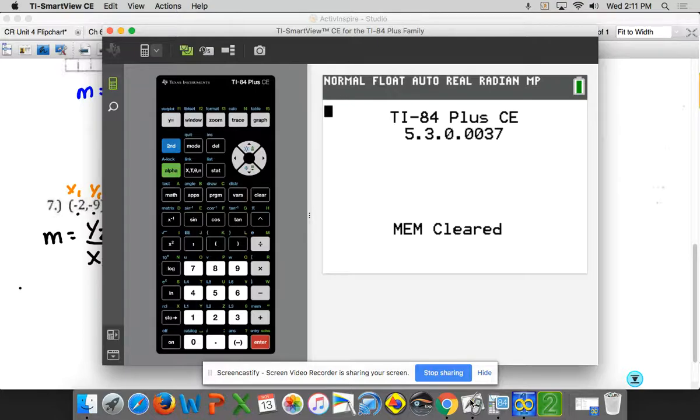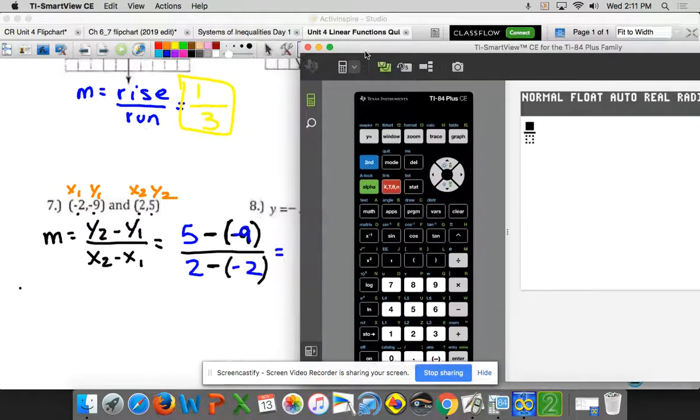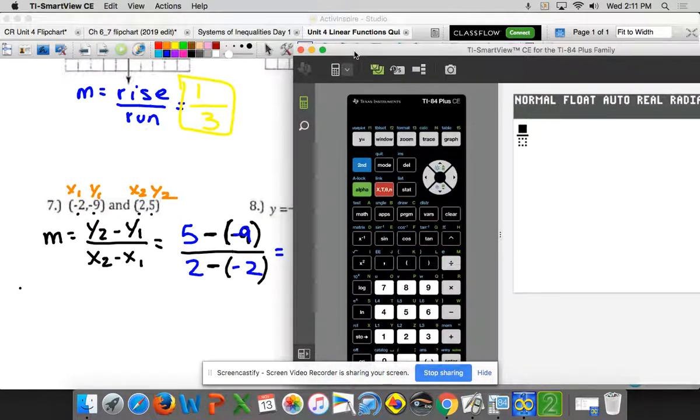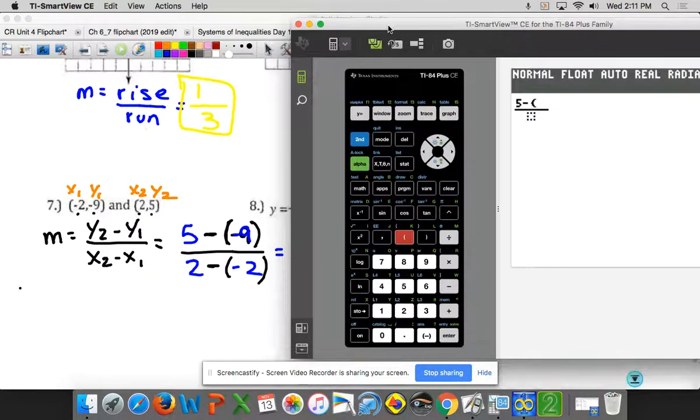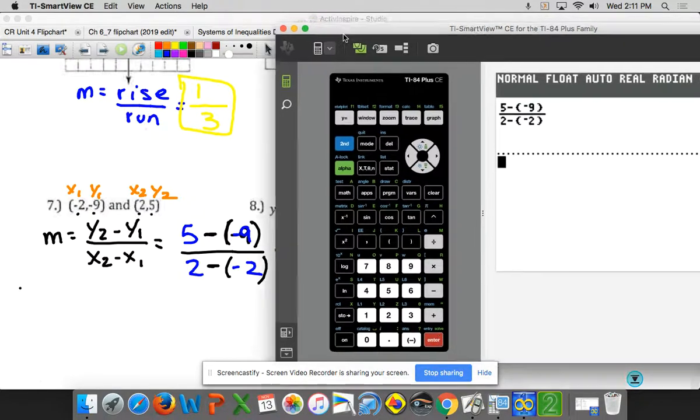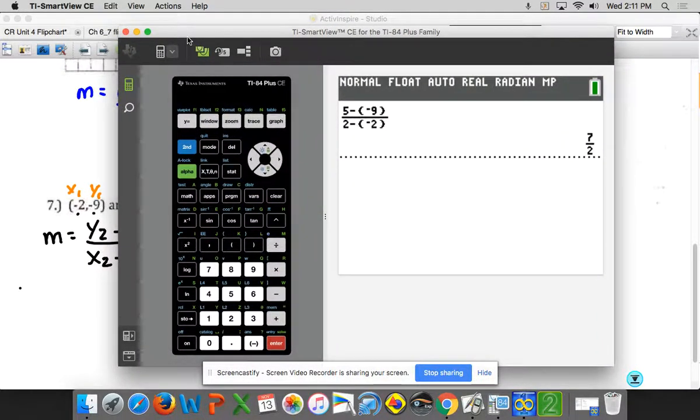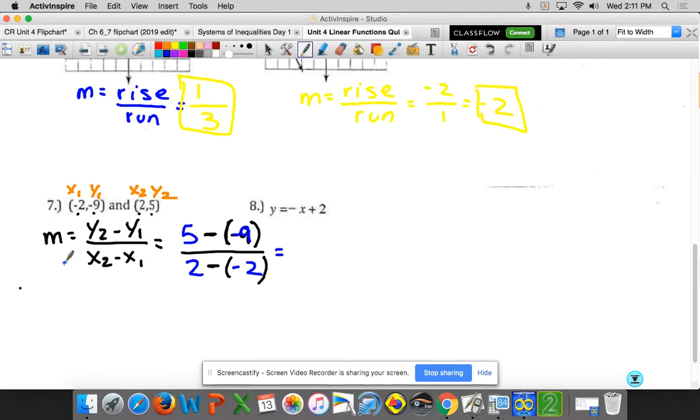So first things first, we're going to do alpha x, and then we are going to do 5 minus parentheses -9 all over 2 minus parentheses -2. And then we just click enter, drag it back over, and our answer is going to be 7 over 2.